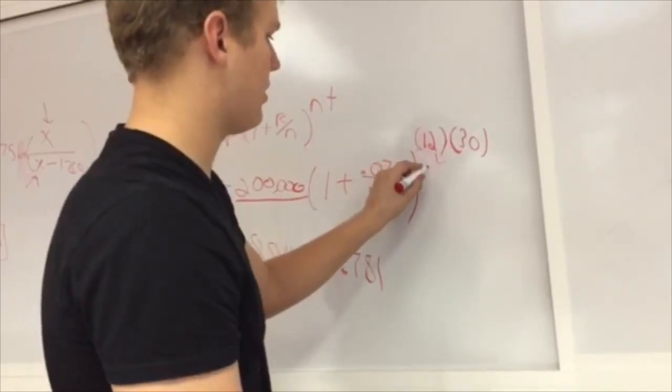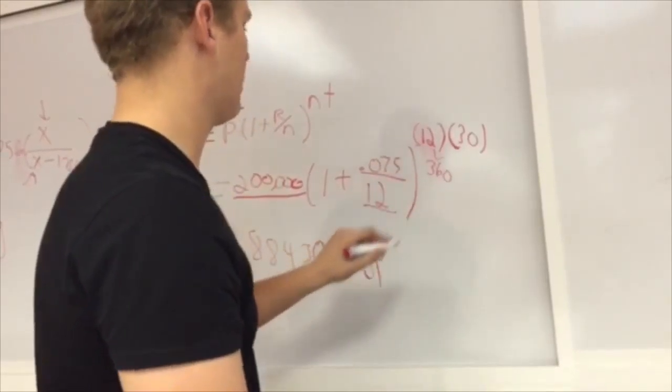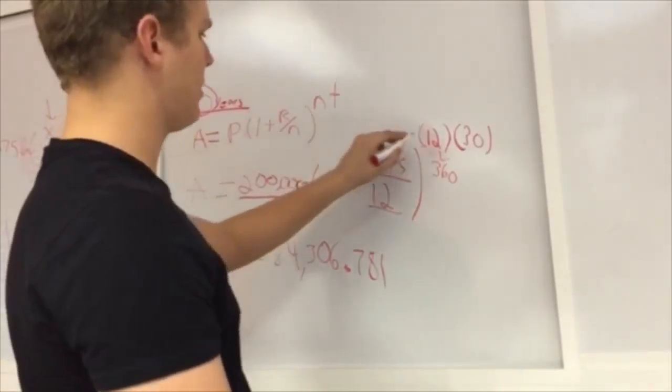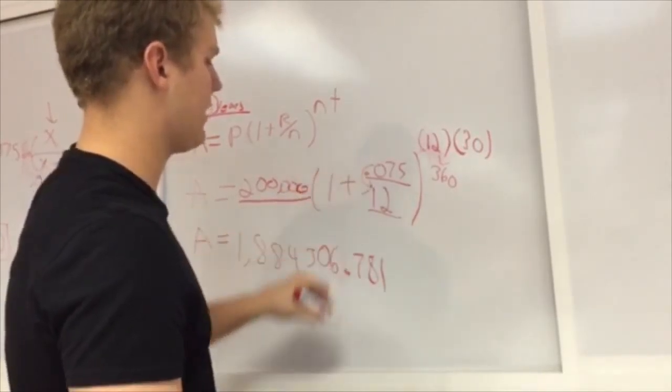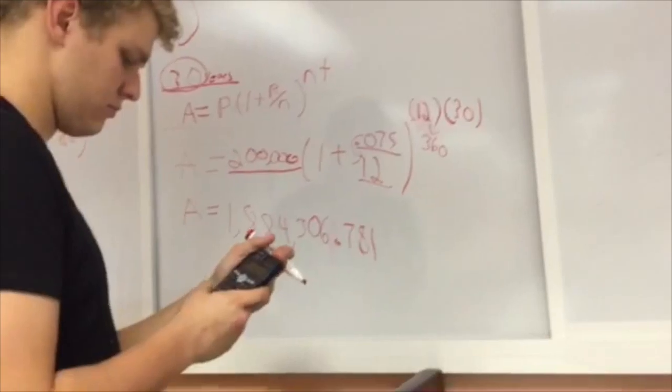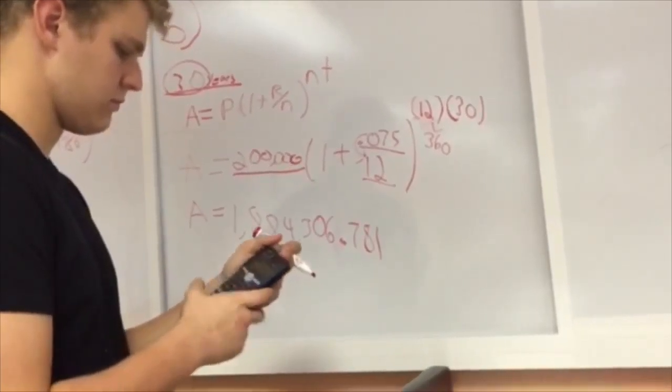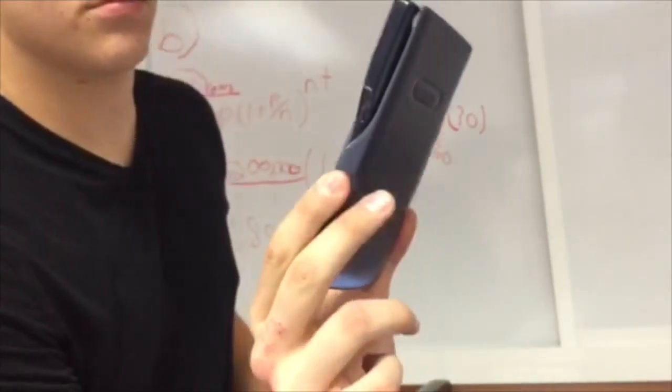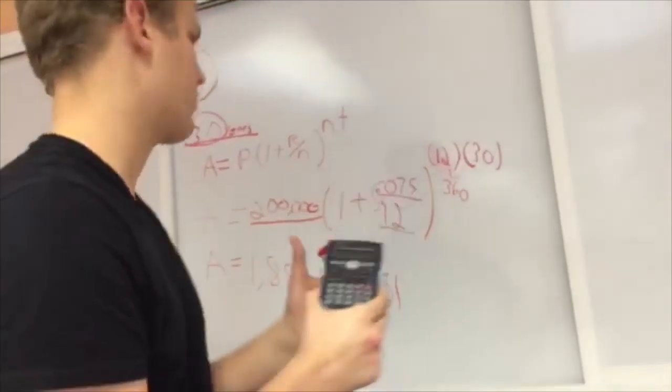This is going to give you 360. After this, you divide that, which is going to give you 6.25 times 10 to the minus 3.